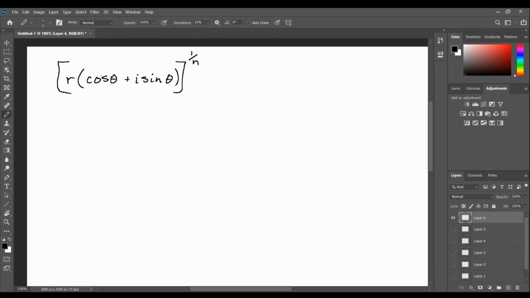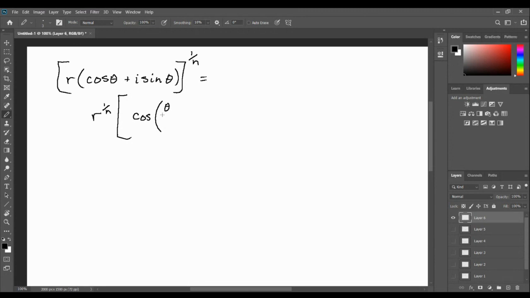That's kind of like the 3rd root, the 4th root, the 5th root. Those numbers I'm saying would take up the n. And this is kind of weird, so I want to make sure I mention this. You go ahead and take that nth root of r, and this is where it gets really weird.